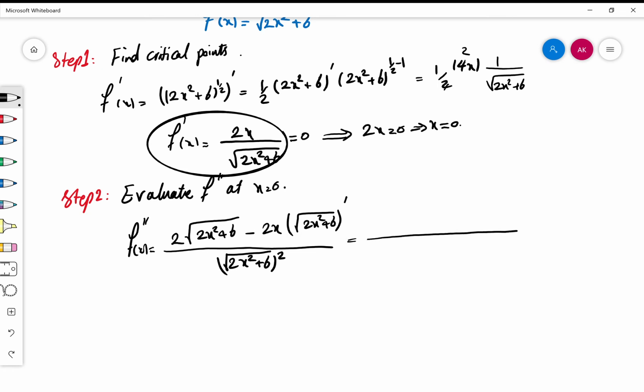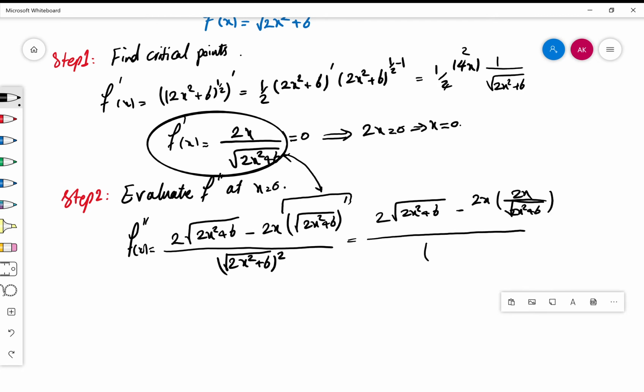Okay, so here I have 2 root 2x squared plus 6 minus, well, you see, this is the derivative we just found. So this is exactly that number. So that function is 2x over root 2x squared plus 6.